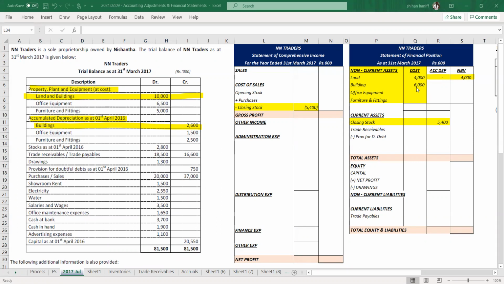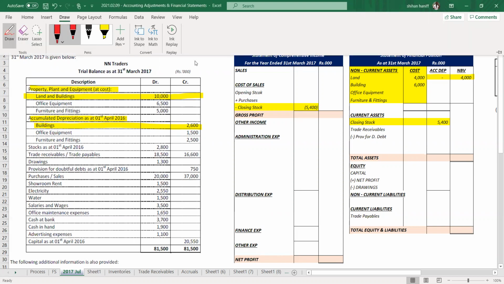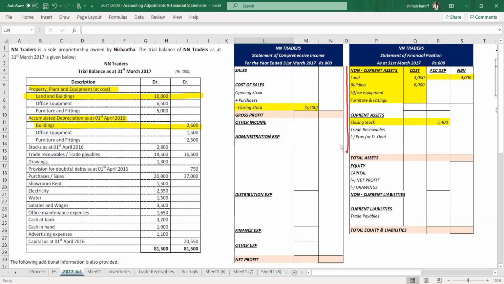So is there a liquidity order? Yes. So when it comes to writing the assets here, on the top, we write the lowest liquid asset. We have to write the assets based on liquidity.